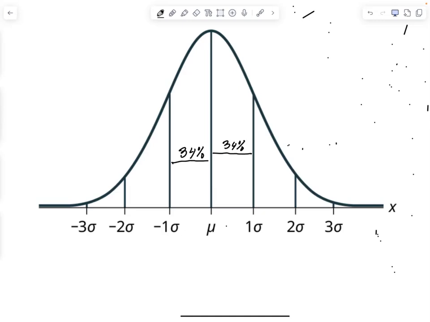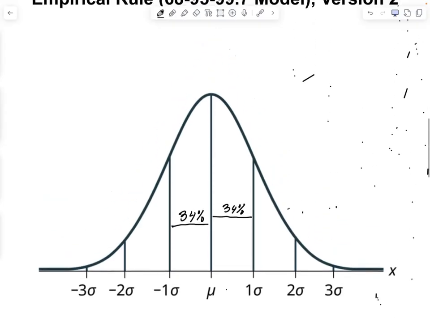Now, how much of our data is above here, and how much is over here?